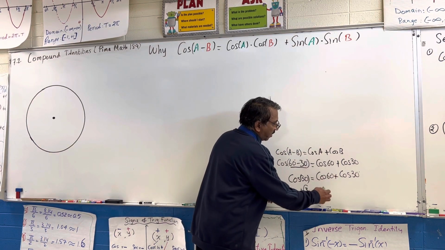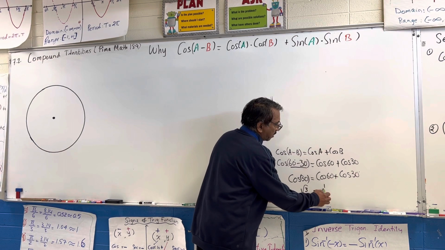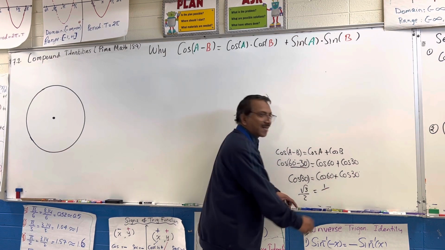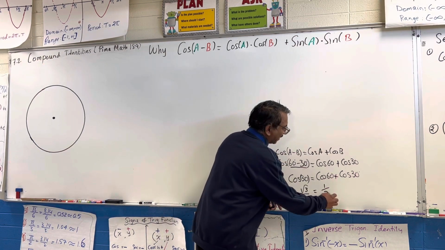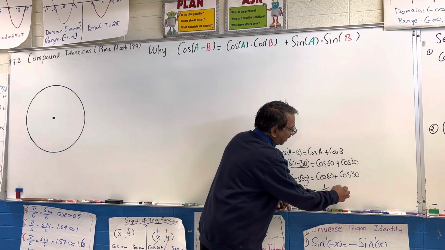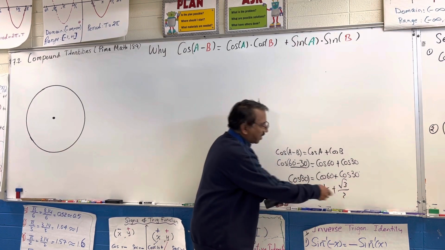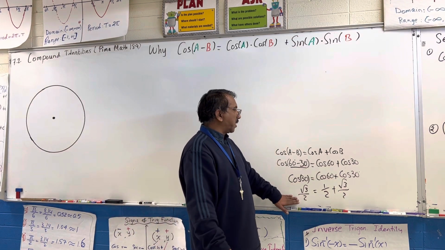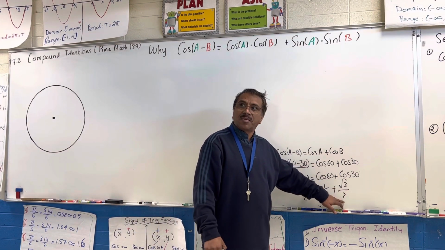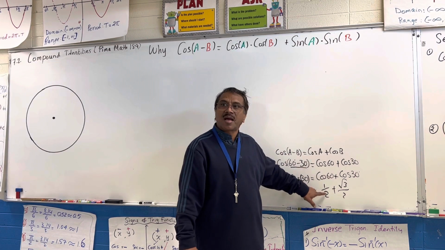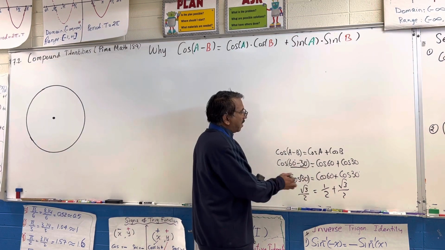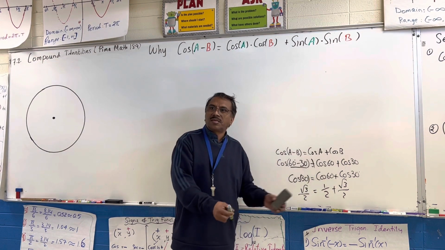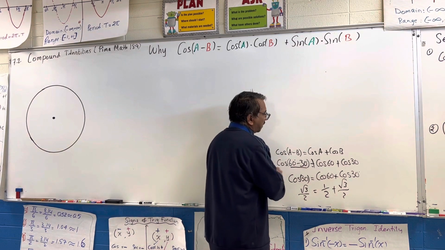And cosine 60 is? Quick, check the chart. Plus, and cosine 30 is? Do you think they are the same? No. This one is square root 3 by 2, right? There's more additional stuff here, so it can't be equal. So that means this is wrong. The formula doesn't work like that.